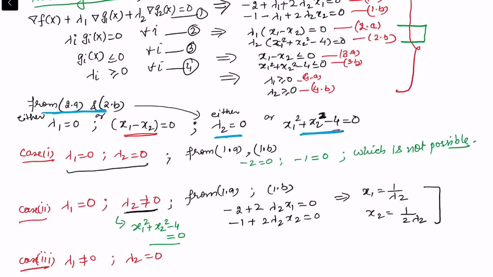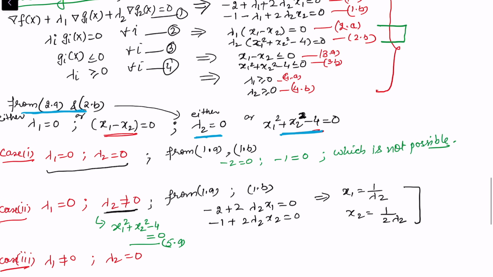And let's call this 5 point A equation. So put x1, x2 into 5 point A. Let me just change the color so that it is visible. Here we will have 1 by lambda 2 whole square plus 1 by 2 lambda 2 whole square equal to 4.